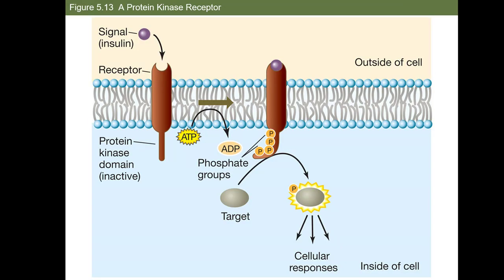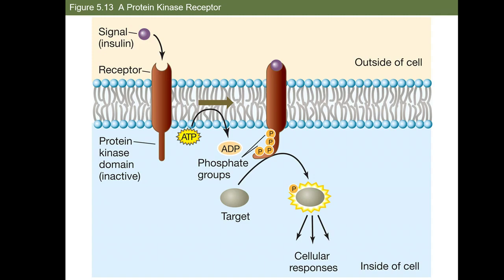So here we have our signal, which is insulin in this case. So this is a major signal transduction pathway in all cells because it tells our body whether to take in glucose or not. So here's the signal insulin. It goes into the receptor, and you have your protein kinase domain, which is inactive.